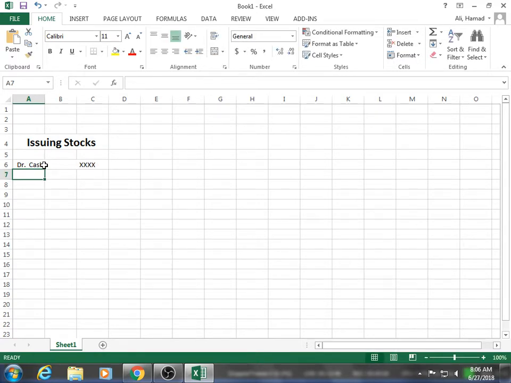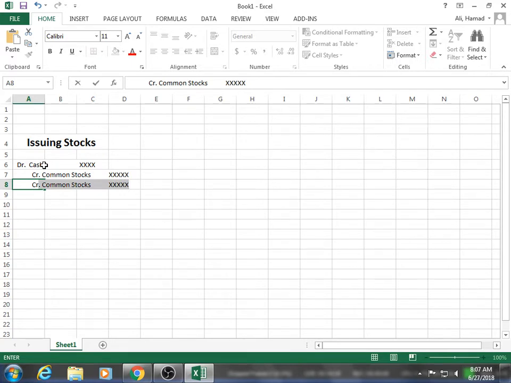And what are we going to credit? We credit common stock automatically. Naturally, we're going to issue the shares for above the par value. Therefore, we're also going to credit, what did we call that account yesterday?